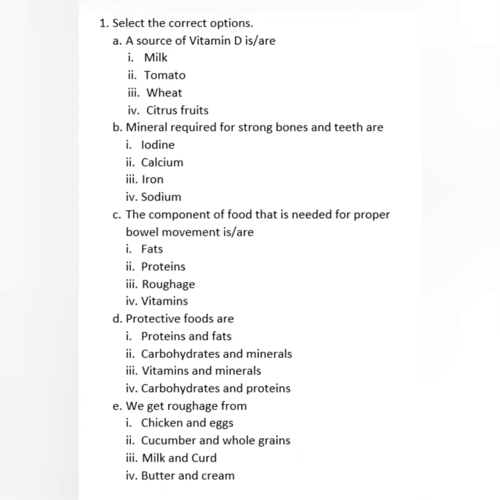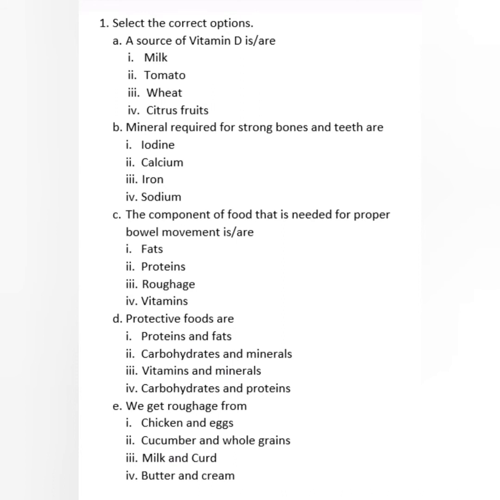Next question B. Mineral required for strong bones and teeth. Here 4 options. 1 iodine, 2 calcium, 3 iron, 4 sodium. You studied the different types of minerals. Then 2 minerals are needed for strong bones and teeth. In these options, 1 correct answer you have to find out.